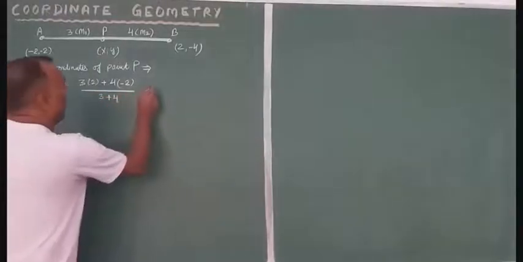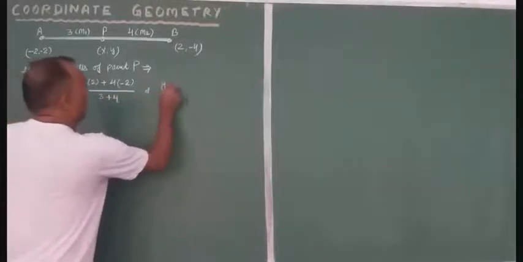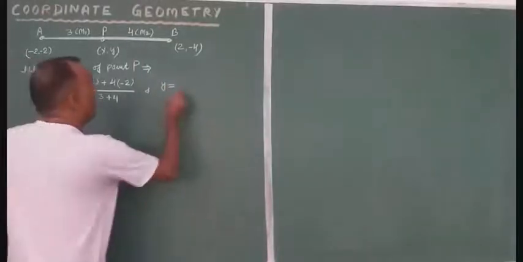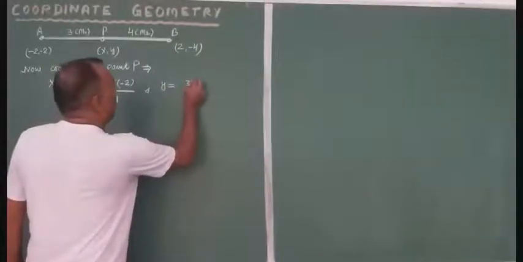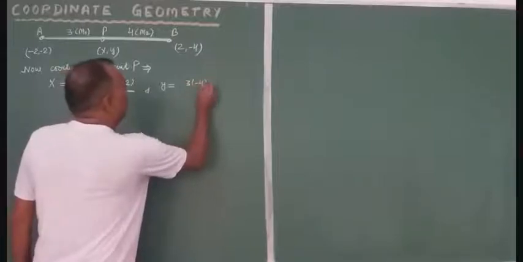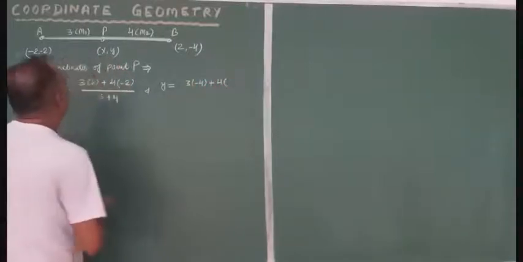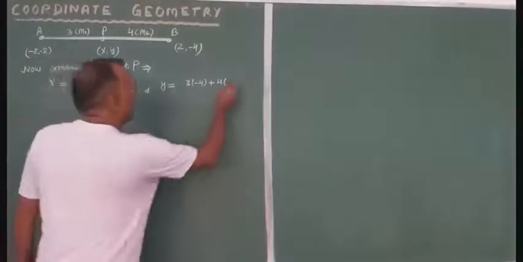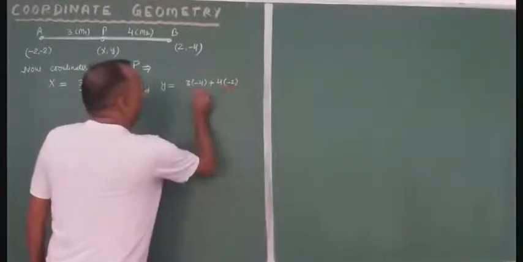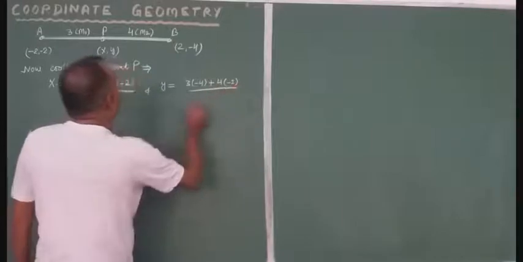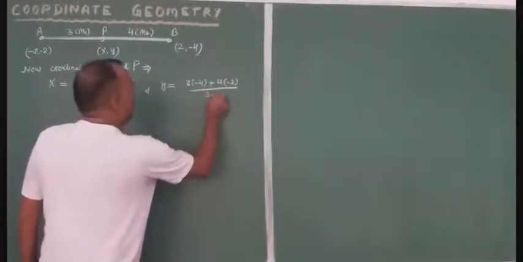And the ordinate y will be (M1 y2 + M2 y1) divided by (3 + 4), where M1 y2 is 3 into minus 4, plus 4 into M2 y1, and y1 is minus 2.